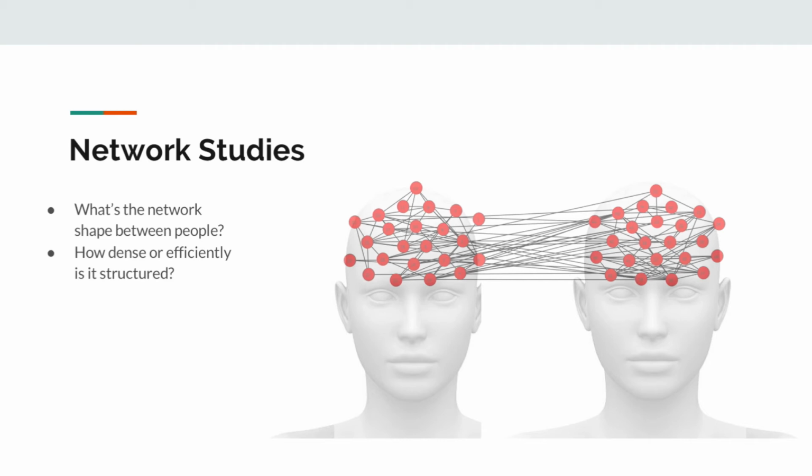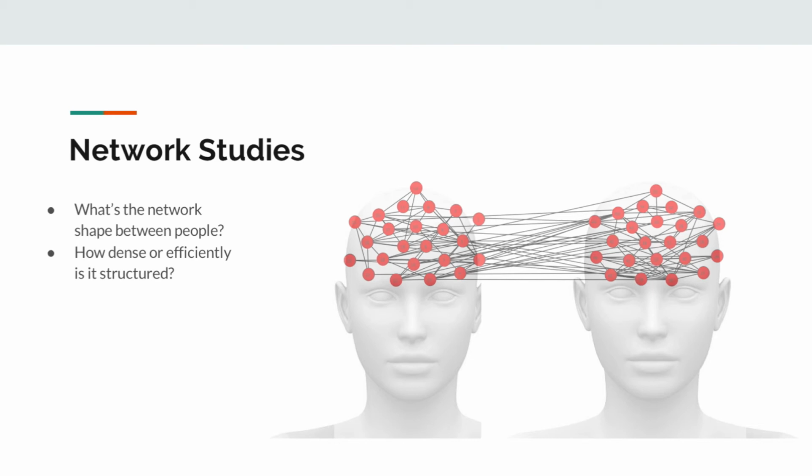You can look at a single brain as the social network itself, different regions of interest being the different nodes in the network, and seeing how different regions correspond to others and what's the functional connectivity going on. You could expand that into considering what's the functional connectivity between nodes in other people's brains. What's the shape of this network that's emerging? How dense or efficiently is it structured?